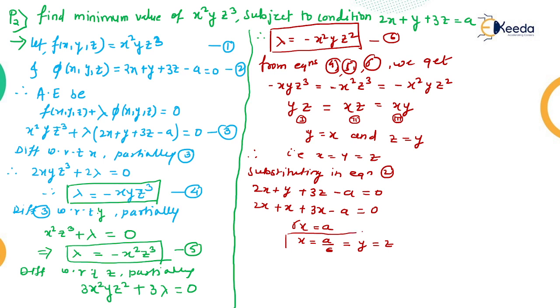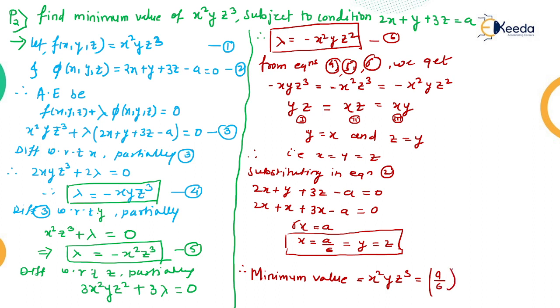Once you have calculated x, y, z, your next and final target is to find the maximum or minimum of the function. Here the question gives a minimum of a function, so I am writing the minimum value is equal to x square y z cube, which becomes a divided by 6 whole square, a divided by 6 and a divided by 6 bracket cube.